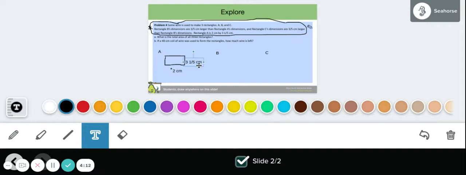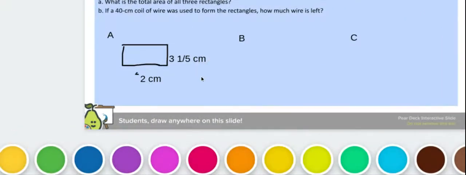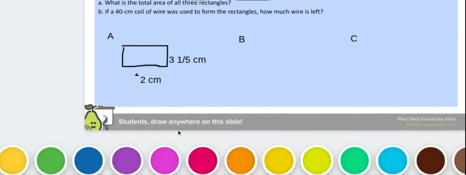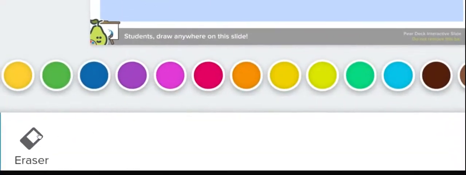Okay, perfect. So just so you can get a closer view, we were told in the problem that rectangle A is 2 centimeters by 3 1/5 centimeters. So 2 centimeters represents our length and 3 1/5 centimeters represents our width. So we have that covered.